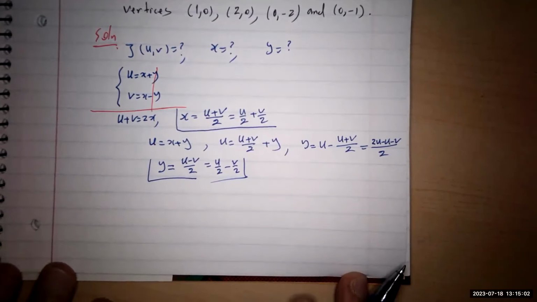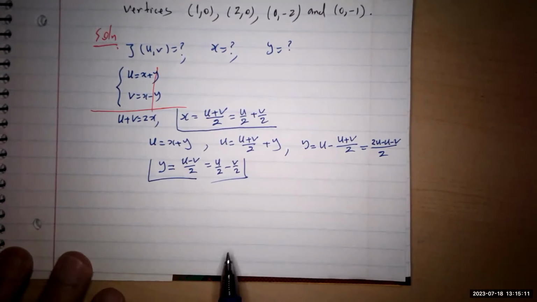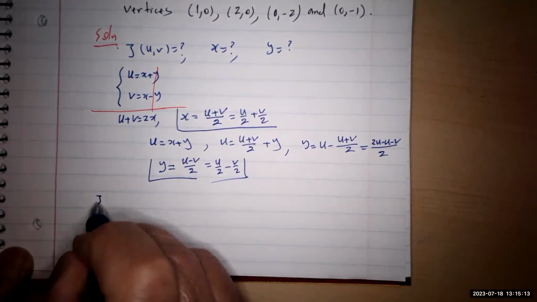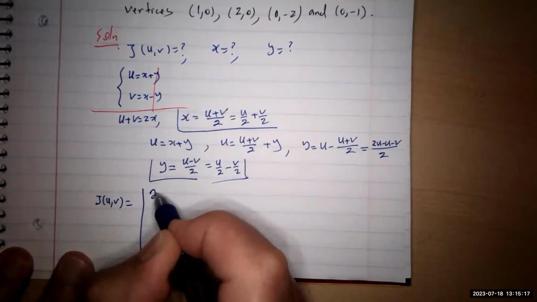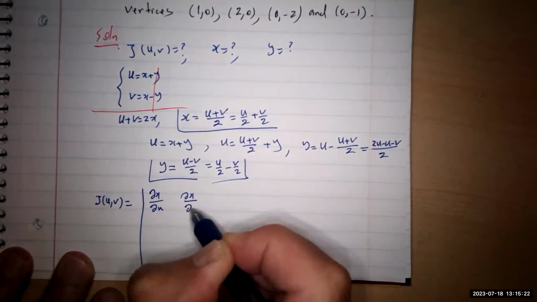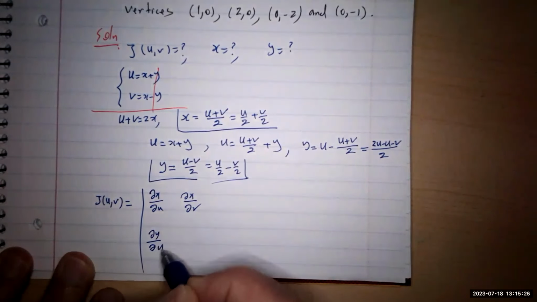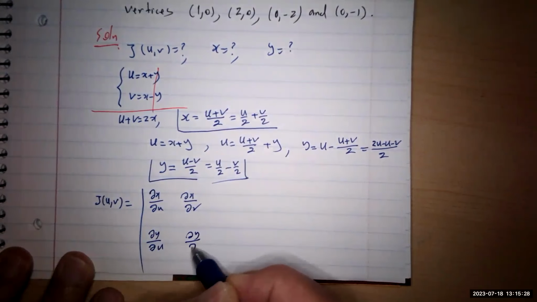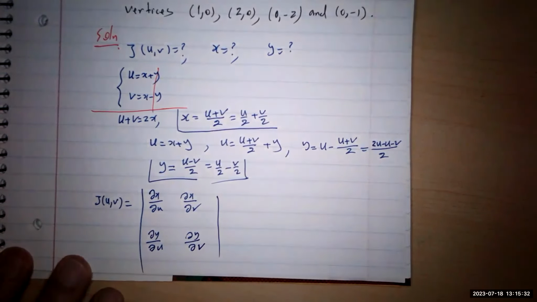Any questions? So now we can get the Jacobian. Get your Jacobian quickly. It's going to be the Jacobian of x, y with respect to u, v. Remind yourself, it's the determinant with entries partial x over partial u, partial x over partial v, partial y over partial u, partial y over partial v. That's your formula.